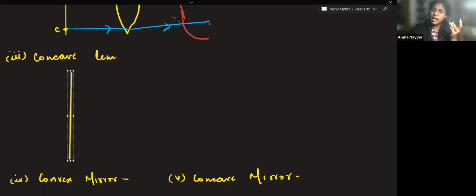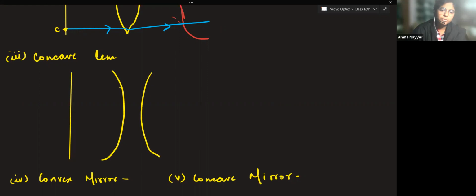So if it is thicker at the edges, the waves have to travel a greater distance at the edges. Just opposite to the case of convex. In convex, thicker was the center, thinner were the edges. Here the opposite happens. So this will be the shape of concave lens.